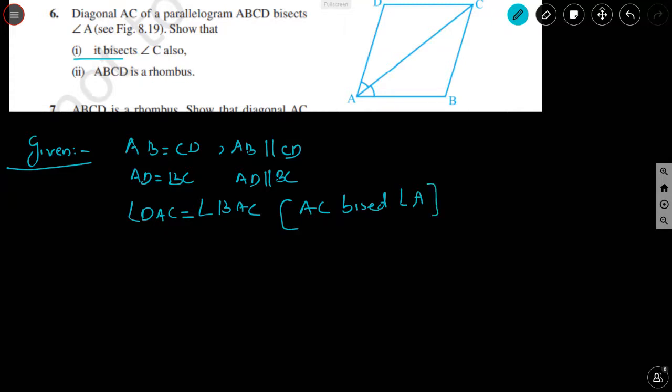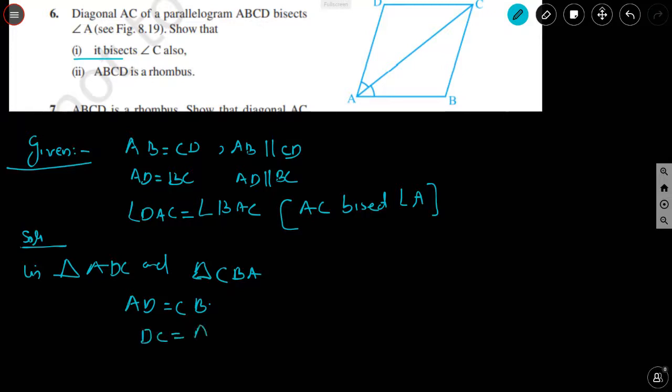In triangle ADC and triangle CBA, we know AD equal to CB, and DC equal to AB, and AC is equal to AC, common to both of the triangles. These are opposite sides of a parallelogram.